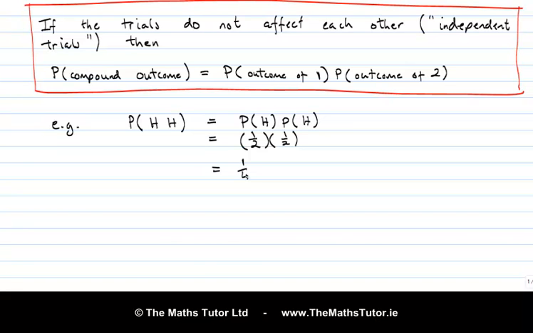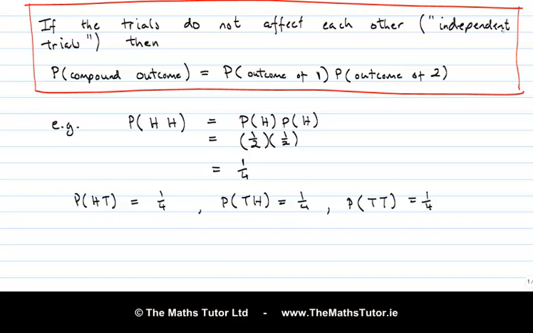And we could work out the probability of all the other three outcomes of this compound trial. And we'll find in each case that the probability of the outcome is 1/4. You should check this yourself. Now, we could, for example, use this information to analyze slightly more complicated events.